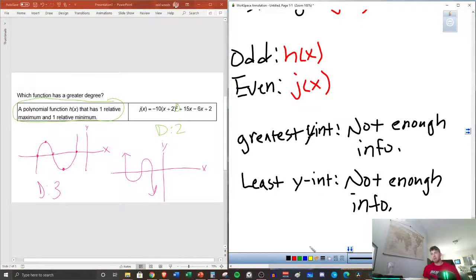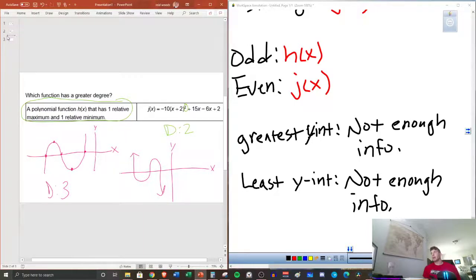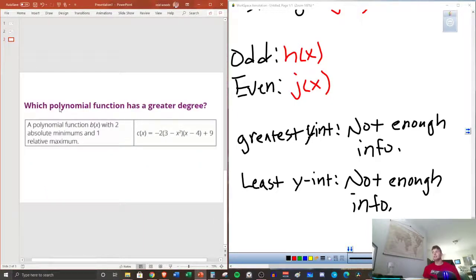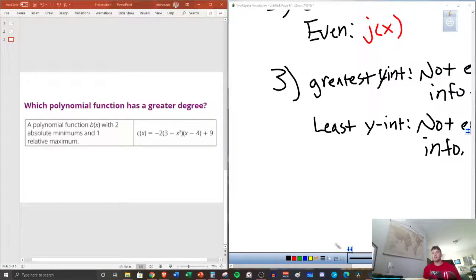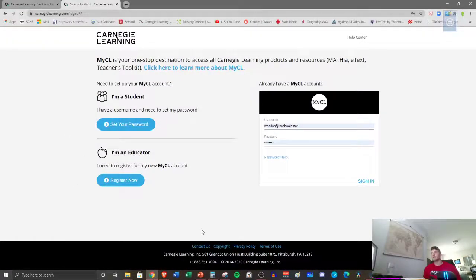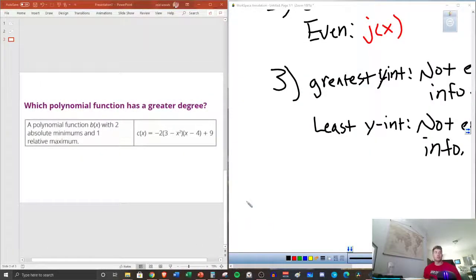All right, we've got one more we want to look at. The Delta Math doesn't really offer a ton of practice for this. It actually doesn't have any. So, you know, that's something that's frustrating to me, and I wish that I had a way to get you more practice with this. And Mathia actually has a really good section over this.